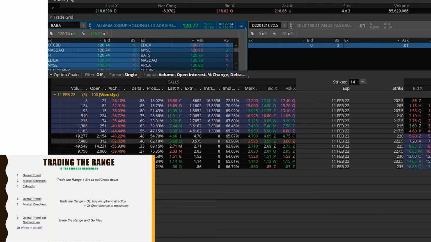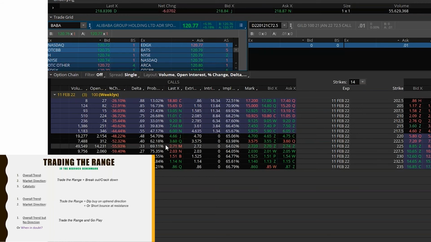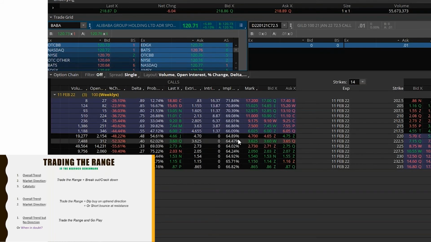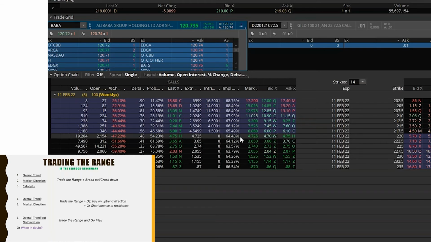Those of you who are new, make sure you stay within the 40 delta and the IV is not too high. If it's like 100% or something, then I need a bigger and faster move for me to make a profit. Otherwise, I have to be nimble and make sure you don't get too much size. Because buying is just like you throw your premium in there. If the IV is too high, it can crush really fast on a fast move.